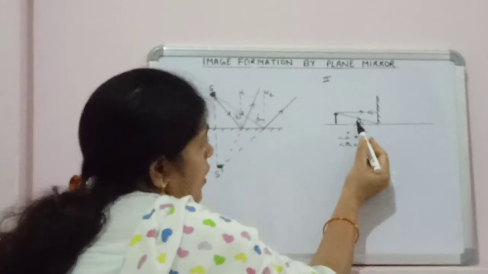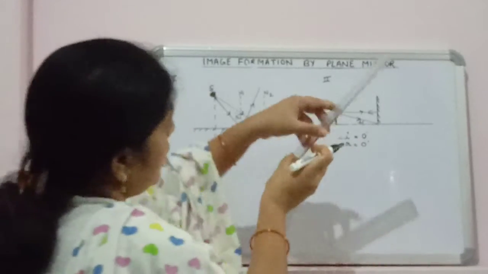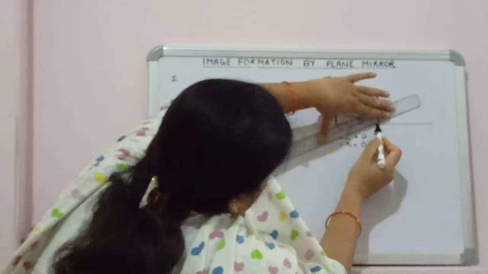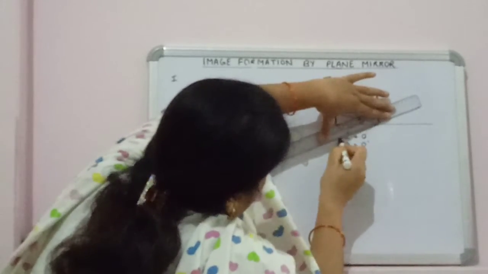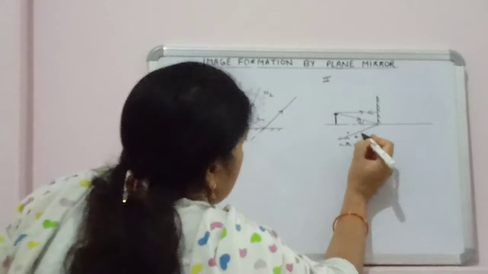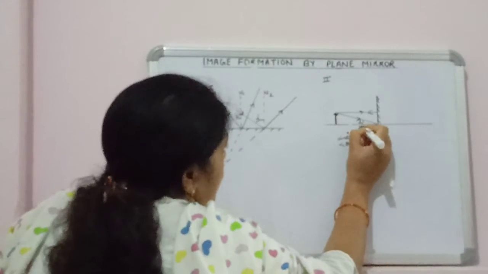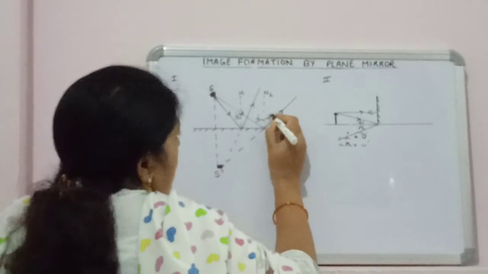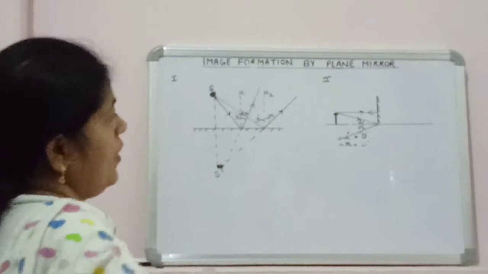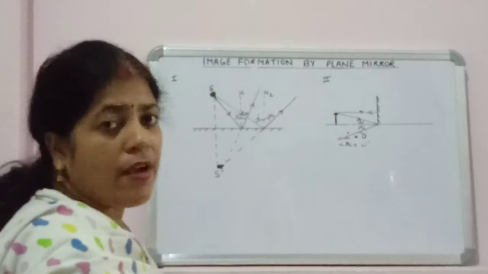Now let us see what happens for the other ray. In this case, the ray will reflect back in this direction. And here we will have the angle of reflection. Here also we can show the angle of reflection like this. And again you can see the reflected rays are diverging away from each other.